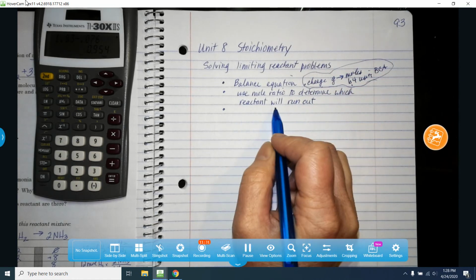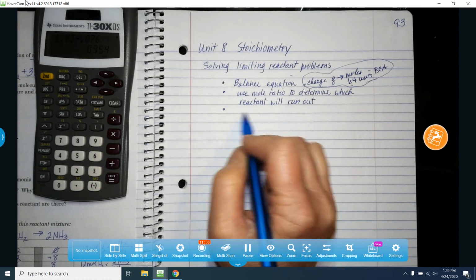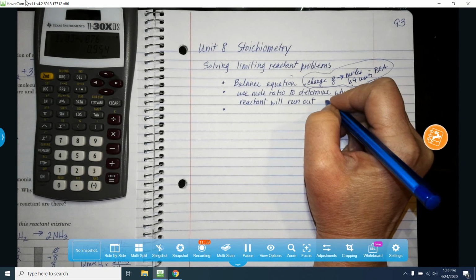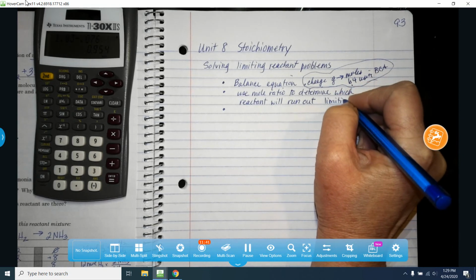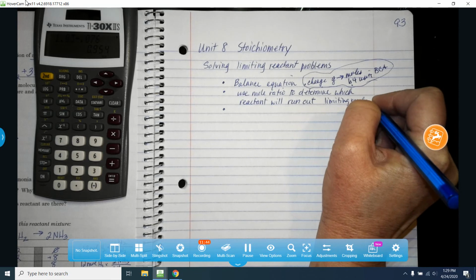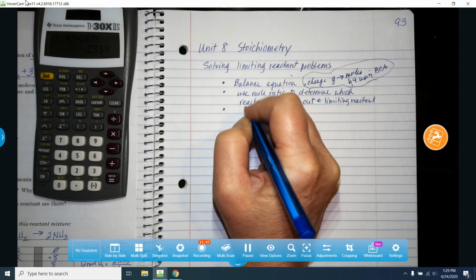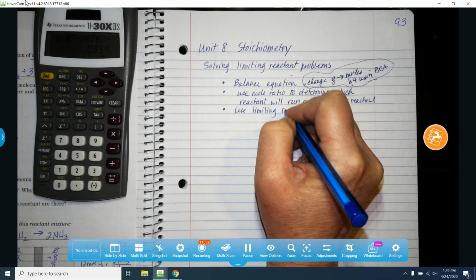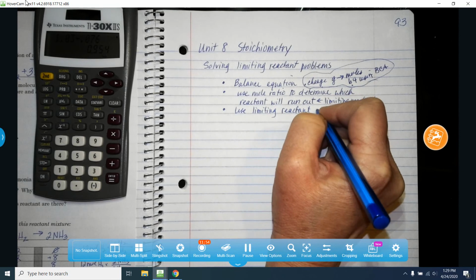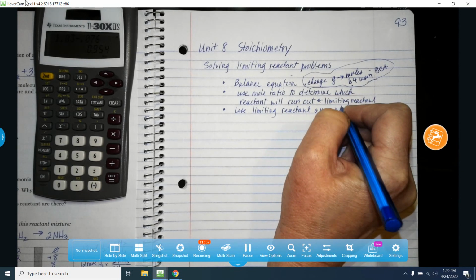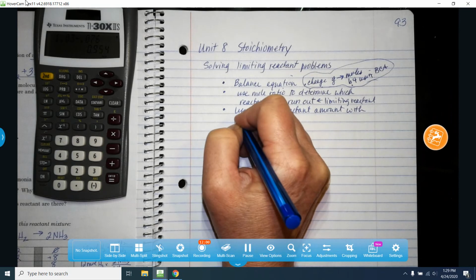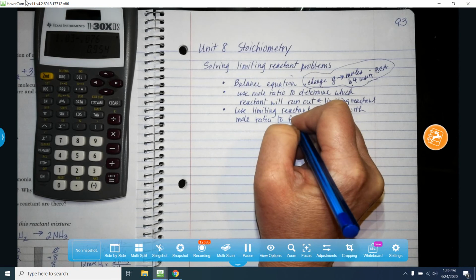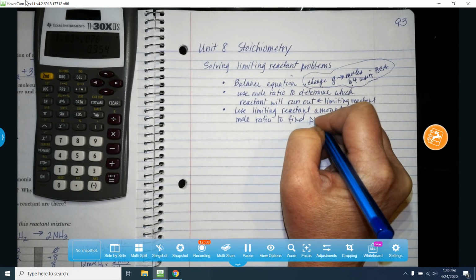Okay, then once you've figured out what the limiting reactant is, then use the limiting reactant amount with the mole ratio to find product.